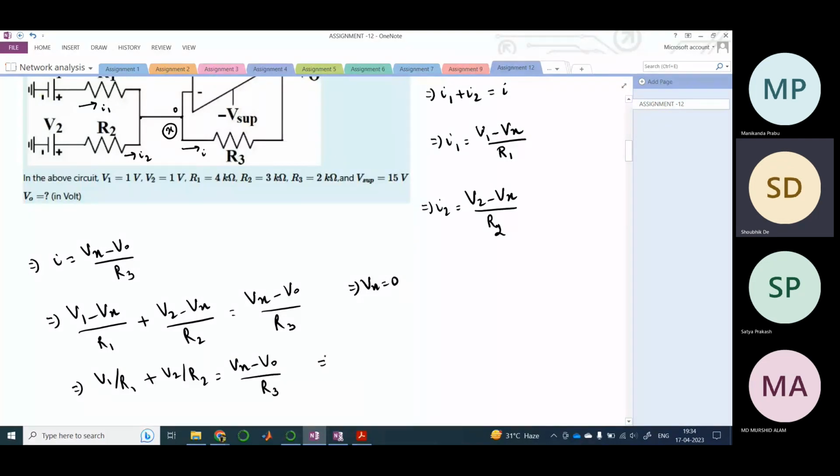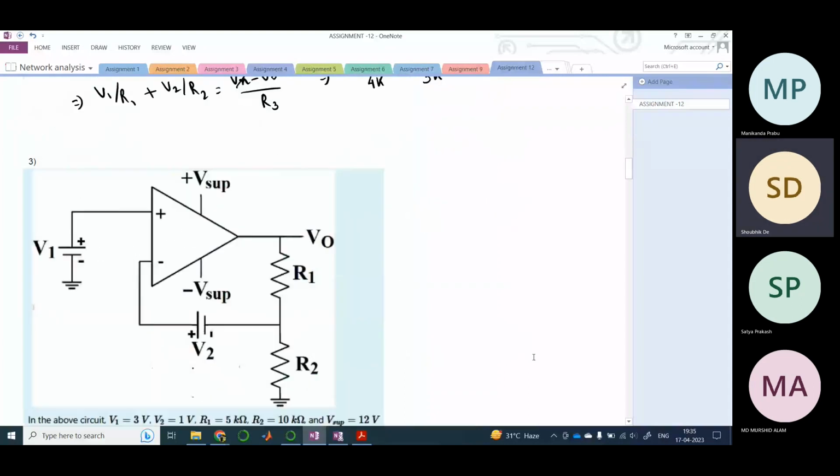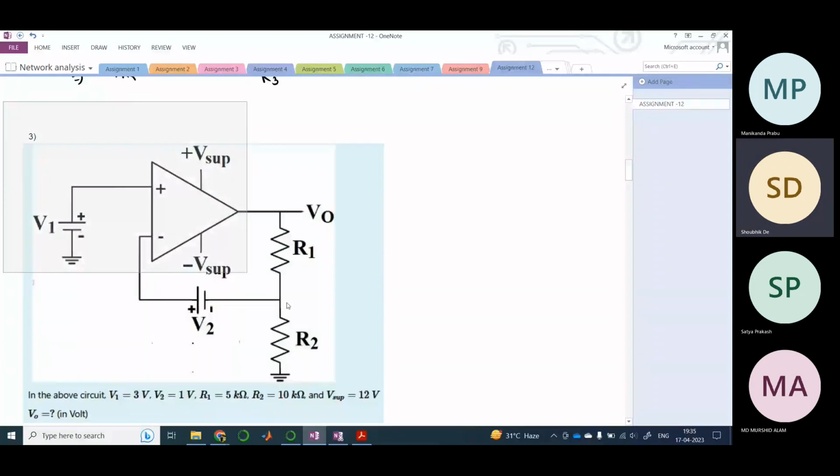So now just substitute the values. 1 divided by 4k plus V2 is also 1 divided by 3k equals, and Vx is also 0, so this would be equal to minus V0 by R3, which is 2k. So let me just take it downwards.